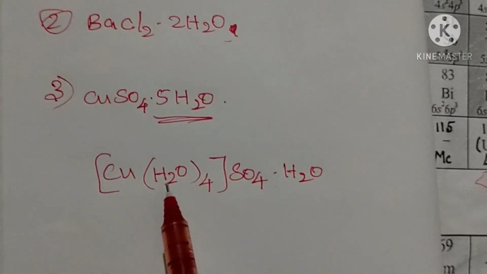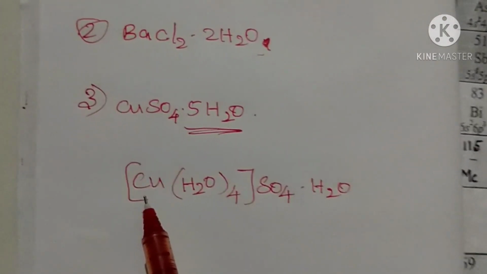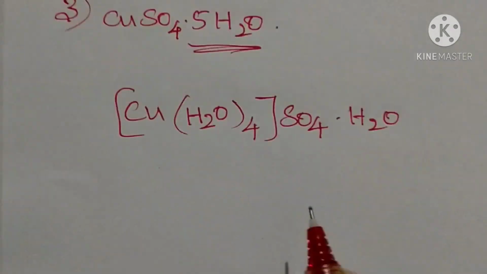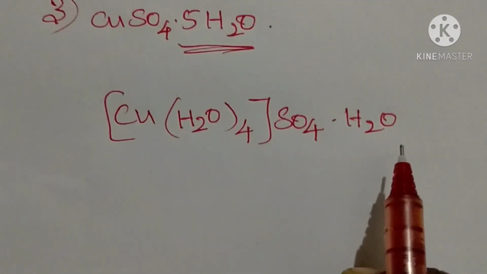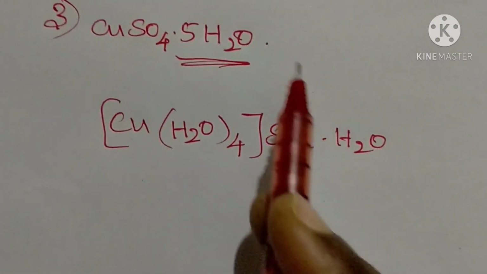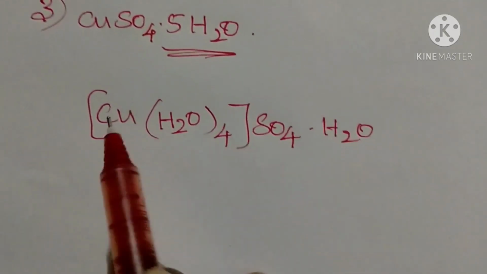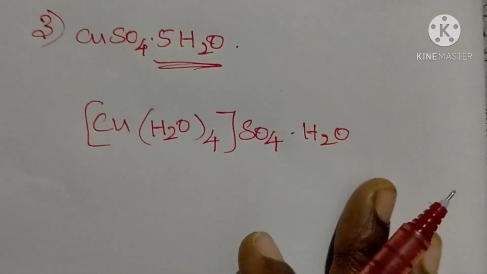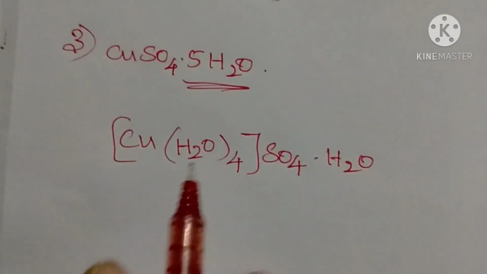You can see the difference. 4 water molecules are directly bonded with the metal cation, and the remaining H2O from the 5H2O is outside of the coordination. Okay, so the chemical properties of the compounds of hydrogen are completed.